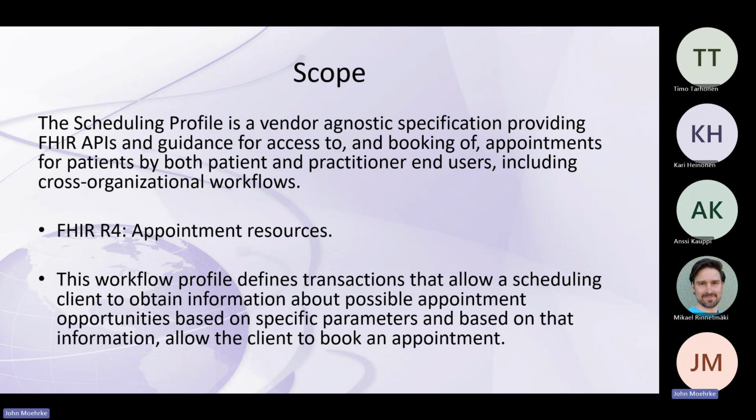So what is the scope? The scope is to have some vendor agnostic specification for booking appointments. So this provides the ability to book a patient-specific appointment. So it is patient-specific, and it supports both that the patient could be the agent who is looking to book appointments, or it could be a practitioner booking on behalf of the patient.